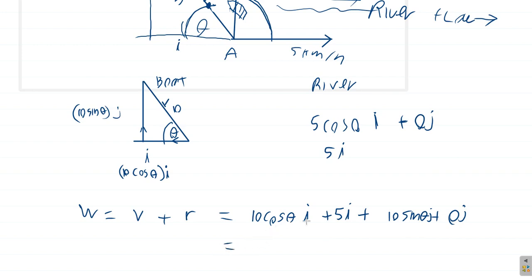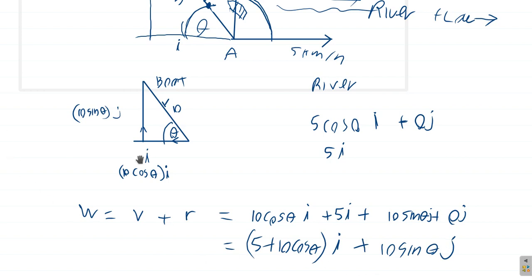So when you add the two of them together, you get (5 + 10 cos theta) i + 10 sine theta j.